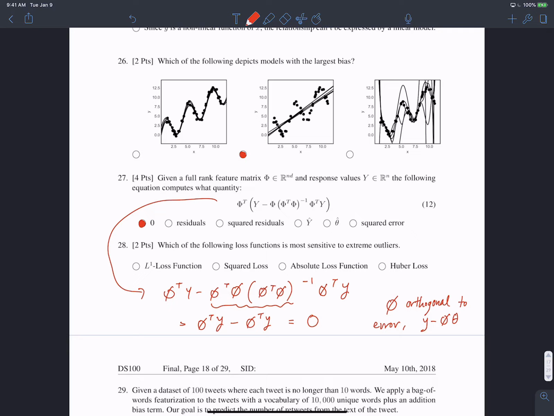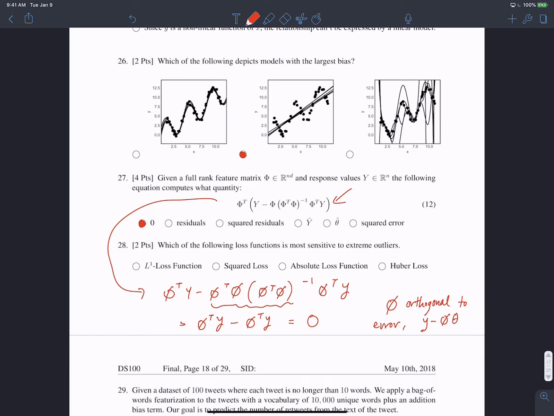And if you plug in the optimal value of theta from the normal equation and say that phi transpose times the error has to be 0, when you look at phi transpose (y minus phi theta), you will see that it ends up being 0. Okay, and the equation that we're given in the question is just one step simplified from what I just mentioned.